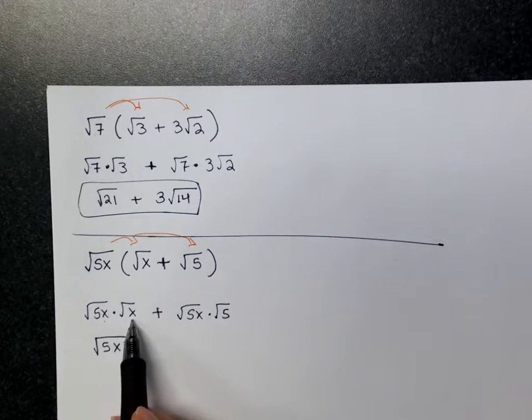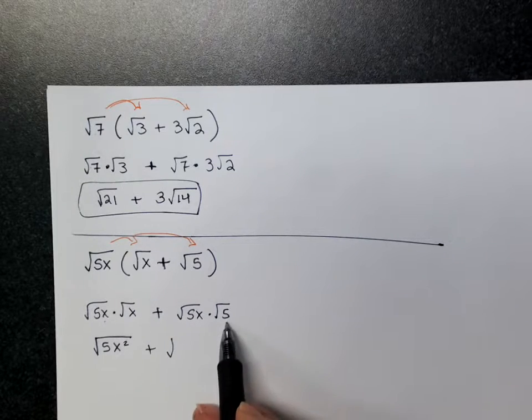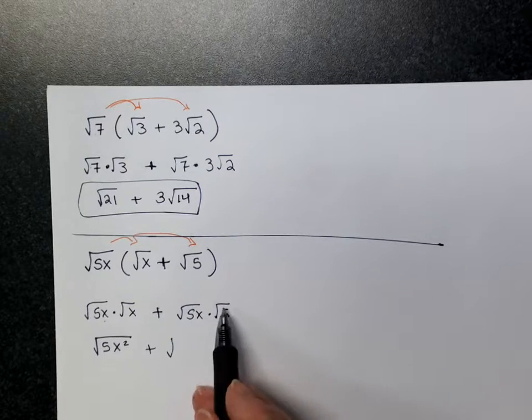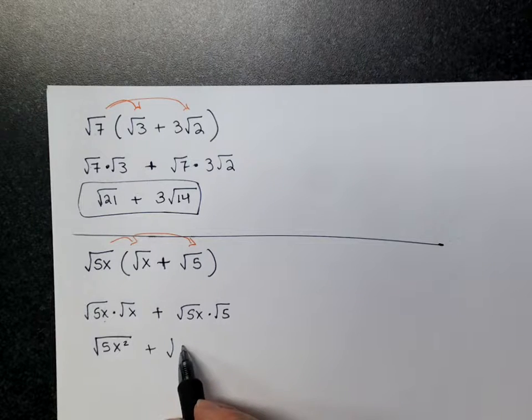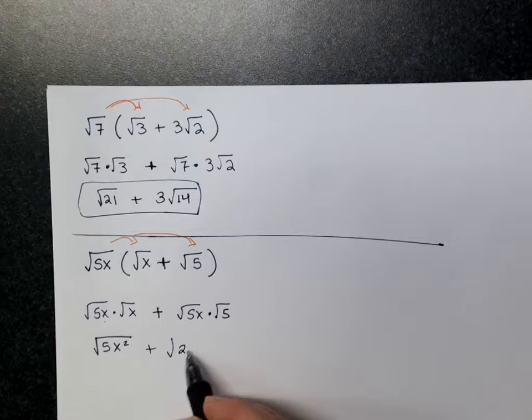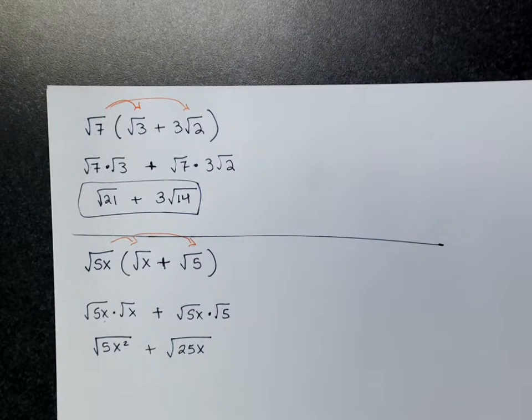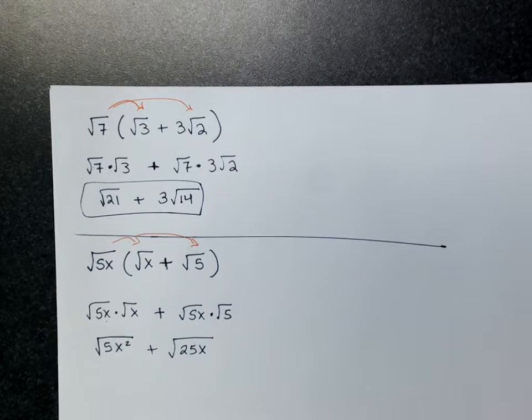Plus, this is both radicals, same index, so I could write this as square root of 25x, multiplication of 25 and a single x. 5 times x times 5, or 5 times 5 times x.